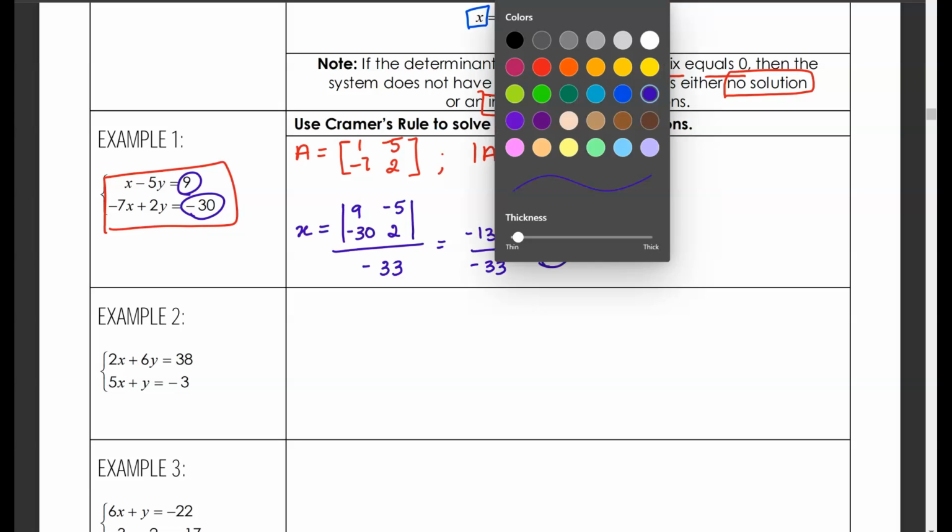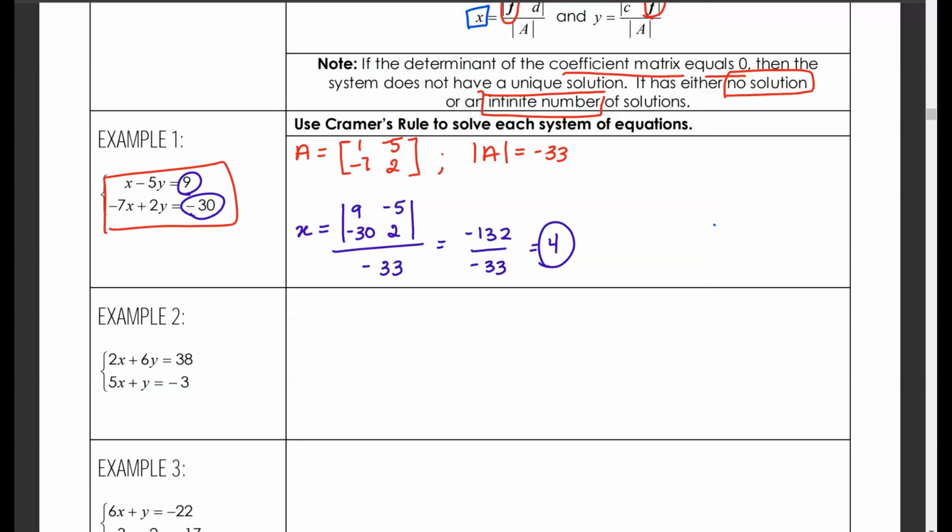Now for our y value, we're still going to use the x values, so we start off with 1 and -7, but we're no longer going to use the y values here. We're going to replace them with the values that our system is equal to. So here we have 9 and -30, all over our determinant, which is -33.